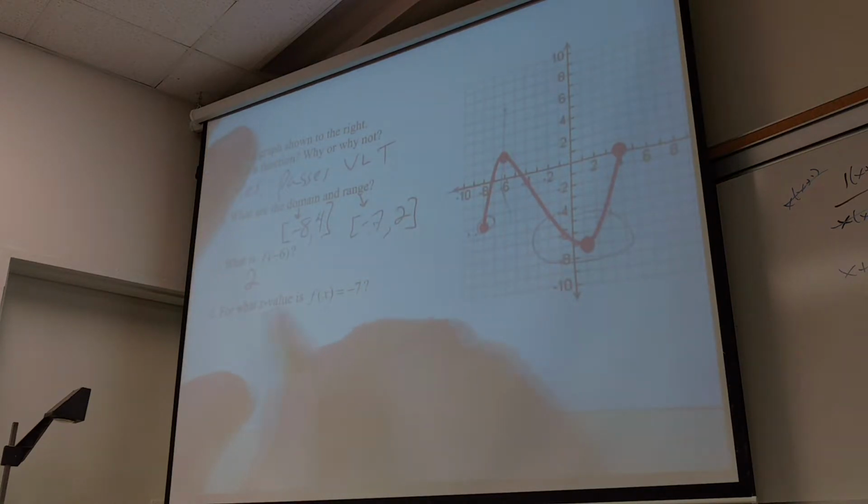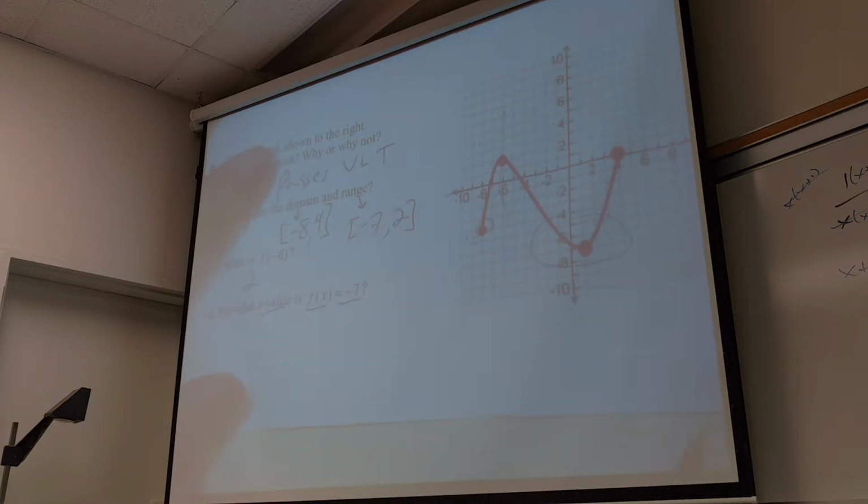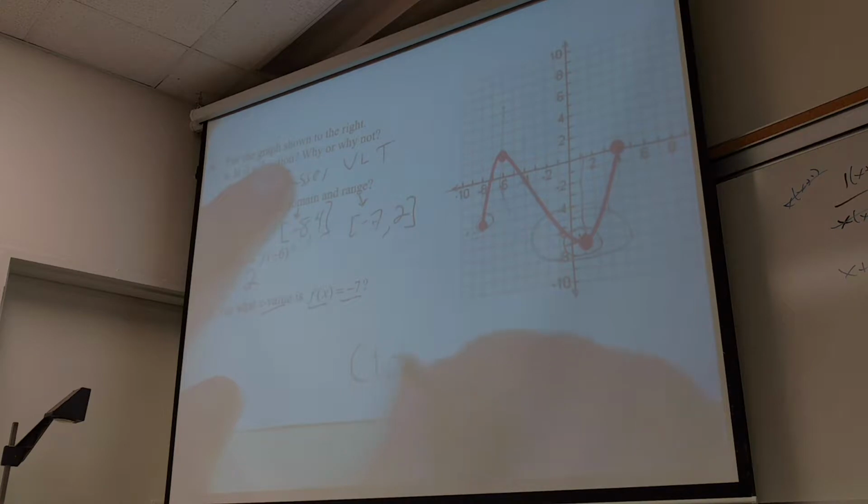So what x value makes the function have a -7 output? When does it have a -7 output? 1. Yeah, 1 makes the output -7. So because it goes to the point 1, -7, x equals 1 makes the output -7.